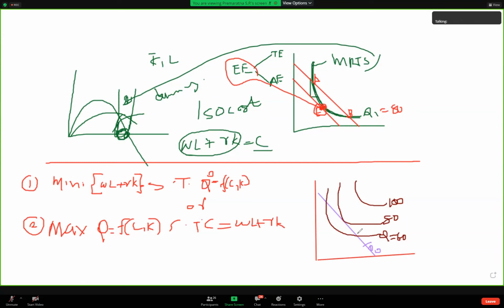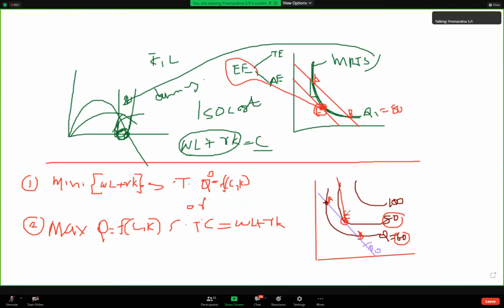Some firms can produce at point A or B because there is enough budget, but output is only 60. But if they allocate to an economically and technically efficient point using 100, they reach point E and produce 80.